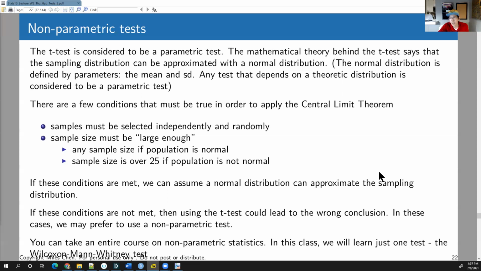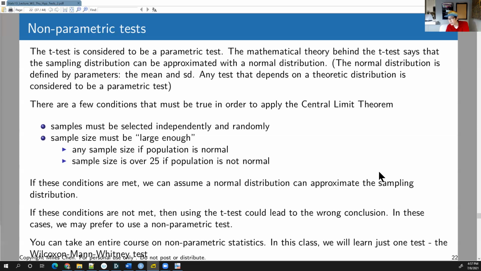They all have corresponding theoretic probability distributions. If you were a statistics major, you would take a mathematical statistics course and prove some of these mathematical concepts. That's beyond the scope of our course, but it suffices to say that these are parametric tests.